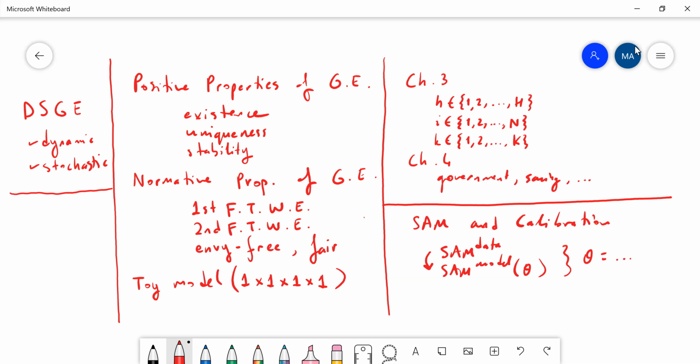Then there's also this network approach. Now, in the standard model, we of course have the input-output matrix, right? This is what connects different sectors in the economy.